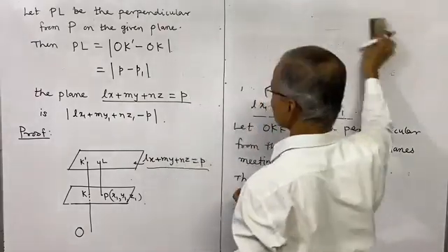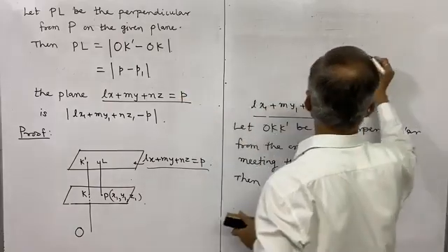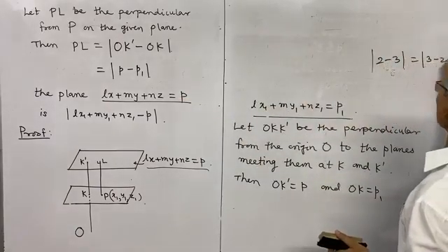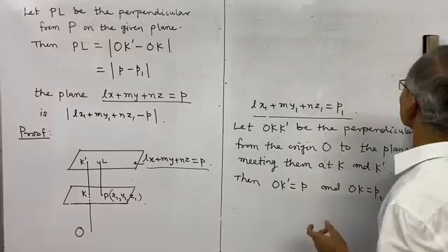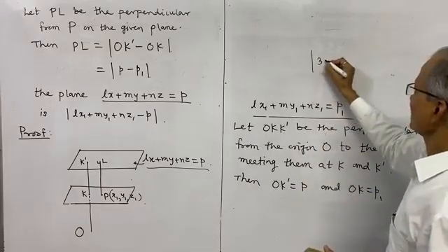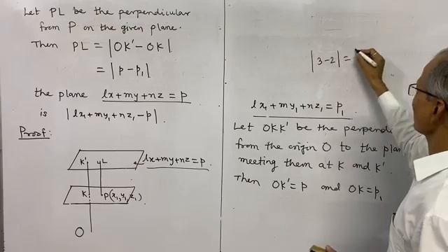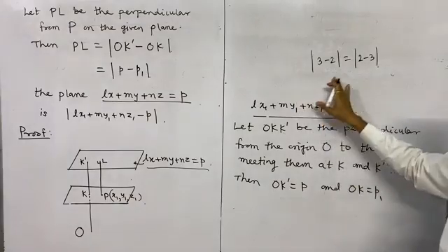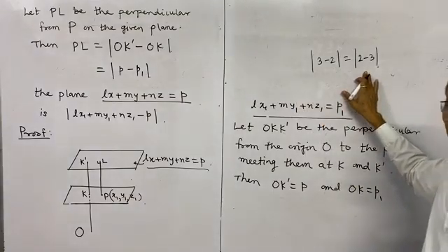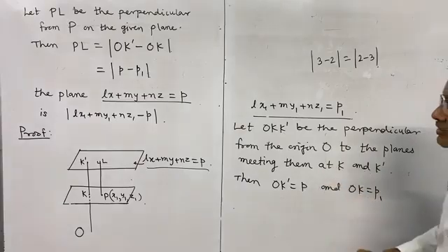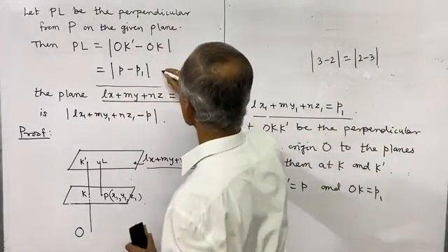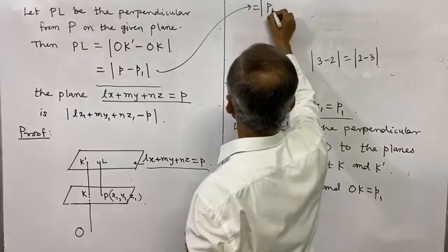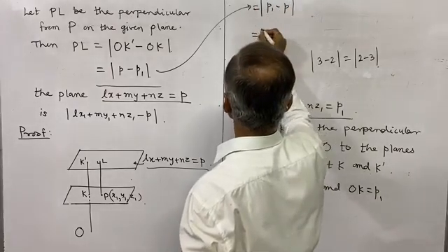That's why we are writing absolute value. If it is say 2 minus 3, then it is same as 3 minus 2. Mod of 3 minus 2 is same as mod of 2 minus 3. It is 1 here, and here it is the absolute value of minus 1, which is again 1. So distance is positive, and therefore I shall write this step here, that is mod of P1 minus P. And what is P1?